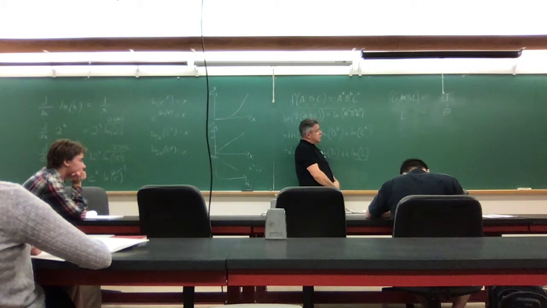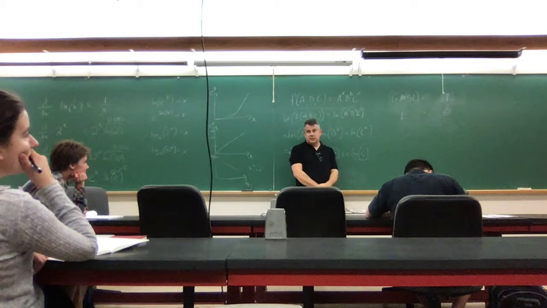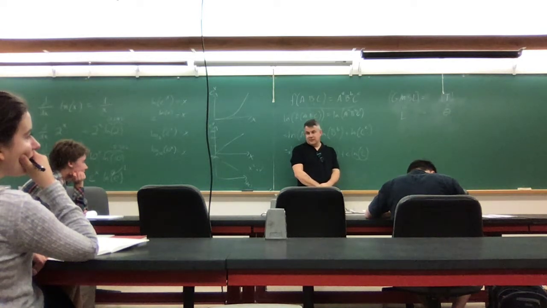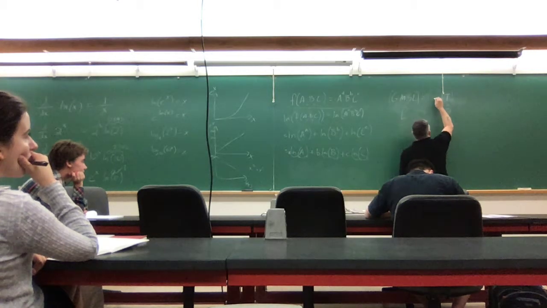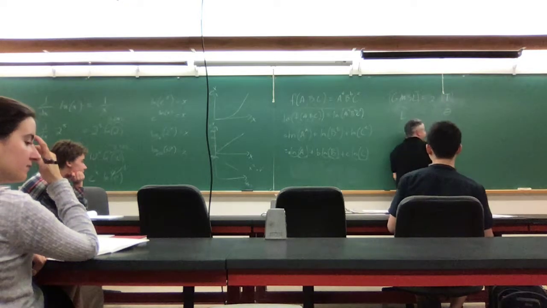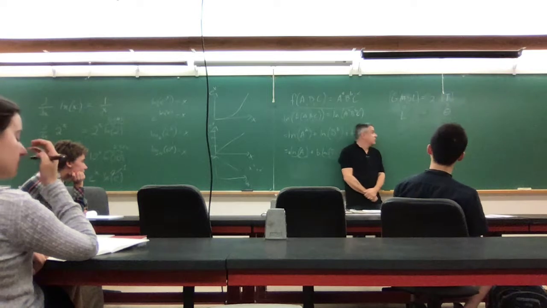Okay, so what's missing in this equation? Something like an expansion coefficient, right? So I could put a number in here. Let's just say the expansion coefficient is 2. It's not, but anyway. Is that equation okay?